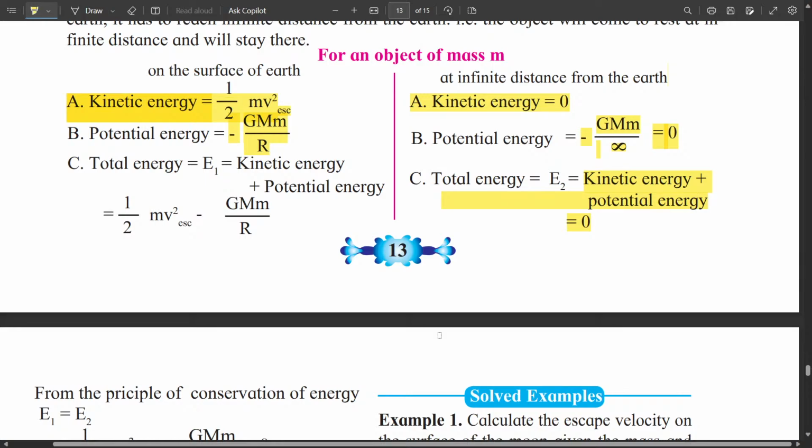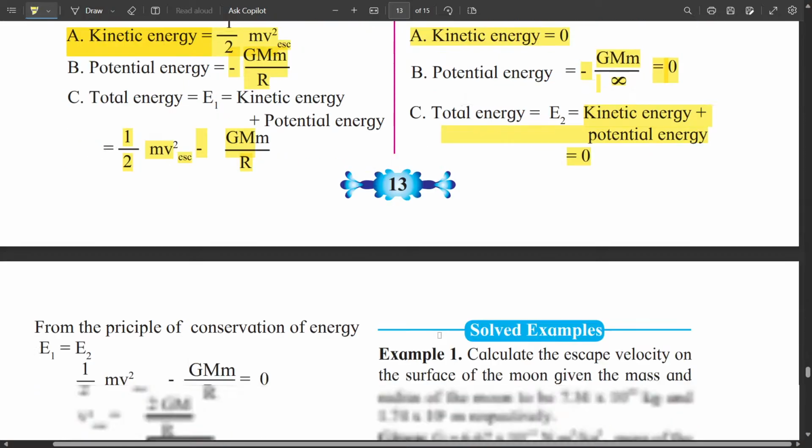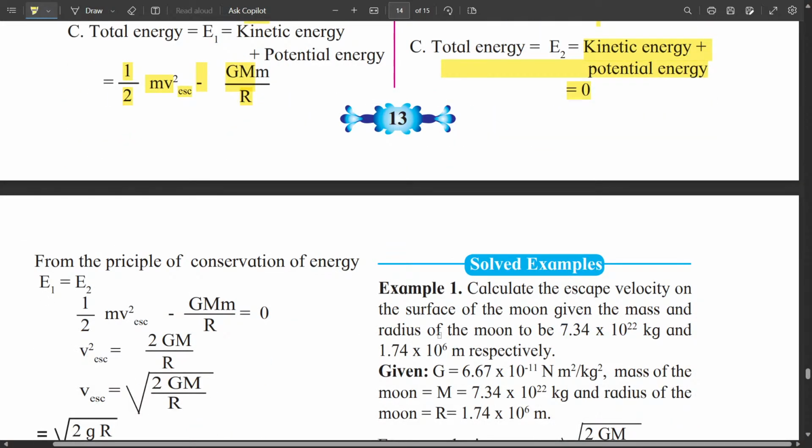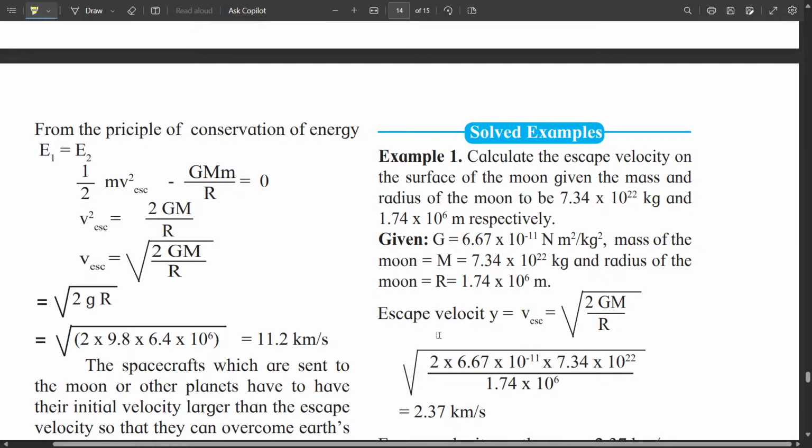So by applying the law of conservation of energy, the energy on the surface of Earth also must be equal to 0. So this half m v escape square minus GMm upon r should be equal to 0. If we simplify the formula, we get the escape velocity equal to square root of 2GM upon r.